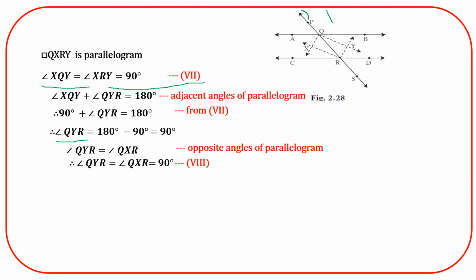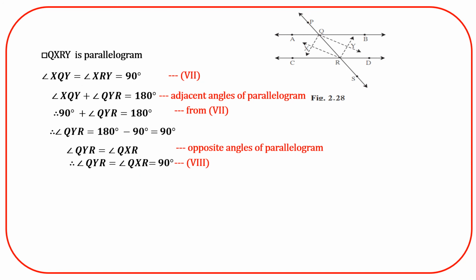Now statement number 7: these two angles are 90 degrees. These two angles are also 90 degrees. Means this angle Q, this angle R, 90-90, this angle Y, this X, 90-90. Therefore all four angles are 90 degrees.